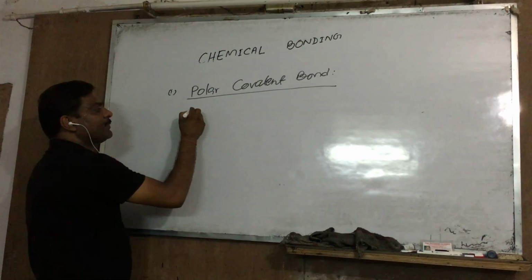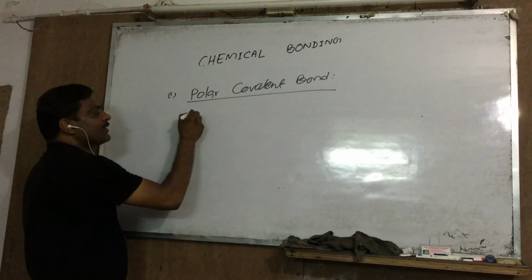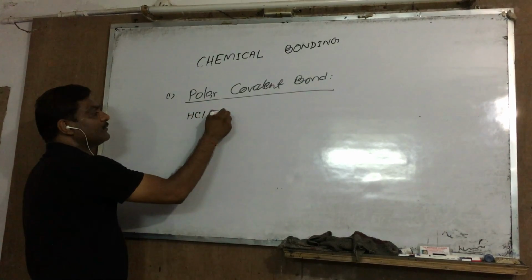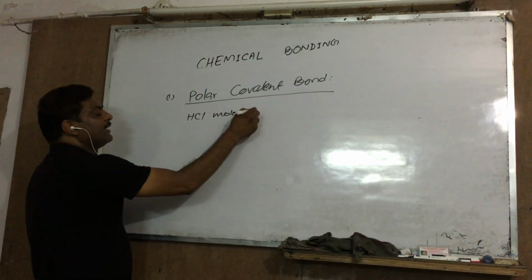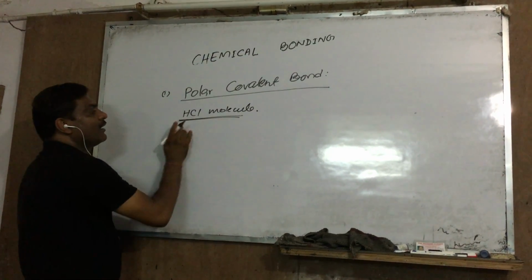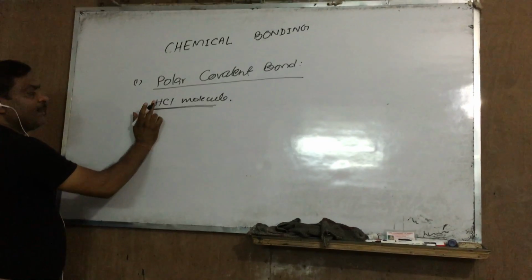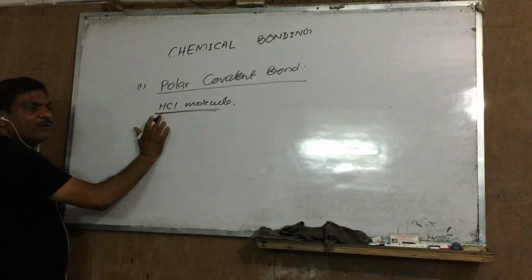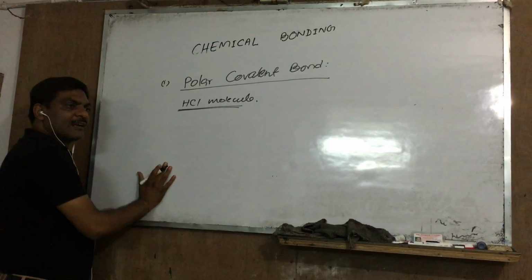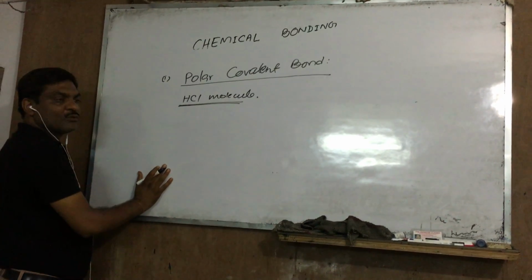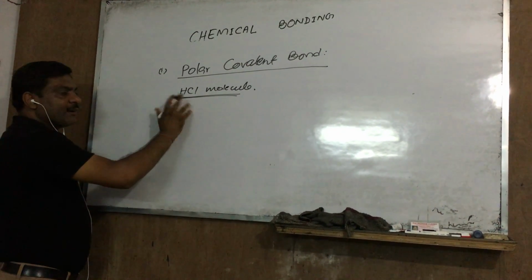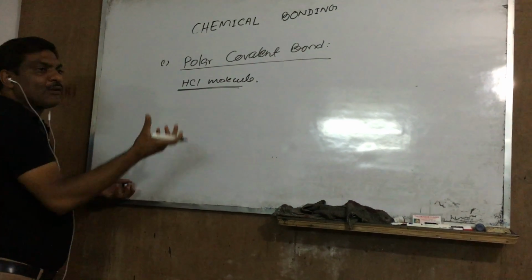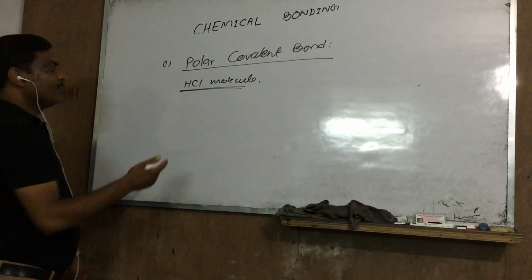Just see the example, the formation of HCl molecule. In HCl molecule, there are 2 types of atoms. One is hydrogen atom, one is chlorine atom. Hydrogen is less electronegative than chlorine. So in comparison, hydrogen is slightly positive than chlorine.